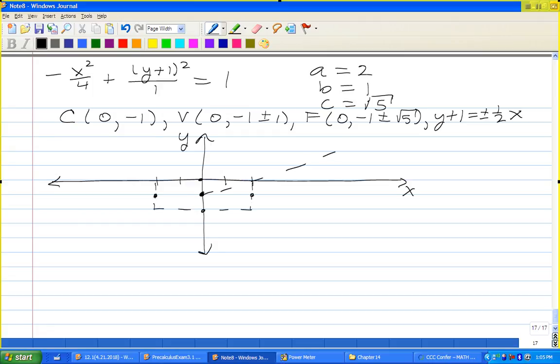Let me draw the diagonals of the bounding rectangle. Let's give us our asymptotes. Y is positive, so square root of 5 here. And so here are my vertices, center, foci. And here's my hyperbola.